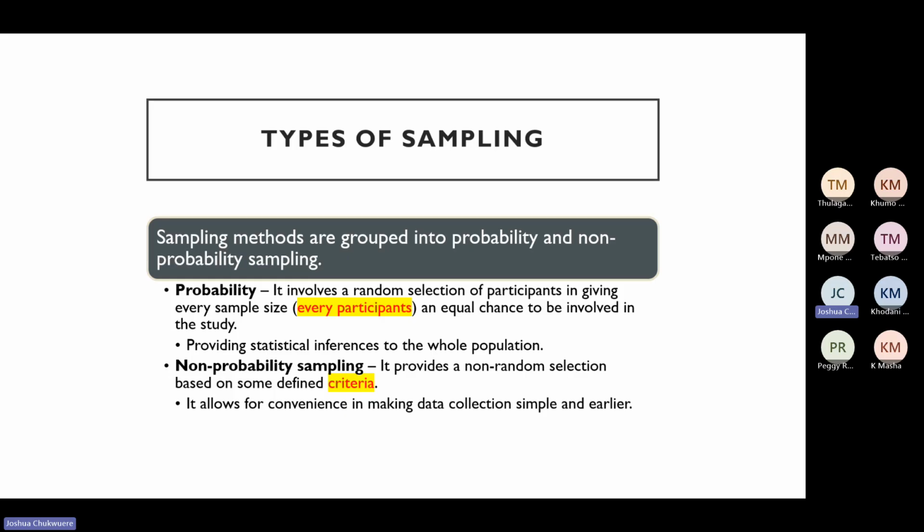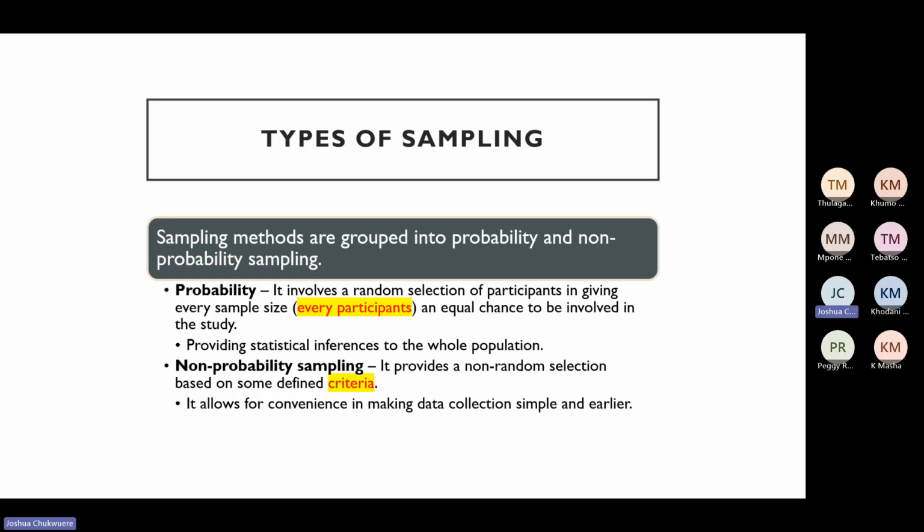So in your probability study, how do you make this choice? Looking at the nature of your study, you're able to say, okay, I'm going to use probability, based on this. If I use probability sampling, there is an equal chance that everyone in the study will be involved.